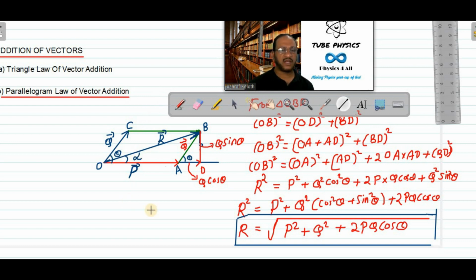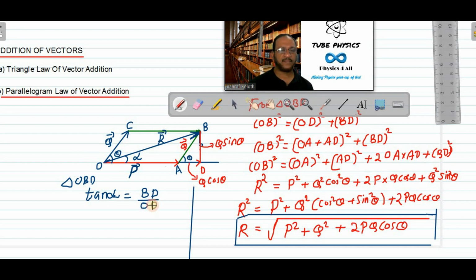For getting the value of alpha, that means the direction of the resultant vector, from the same right angle triangle OBD we define tan alpha. Tan alpha is equal to opposite side by adjacent side, that is BD by OD.